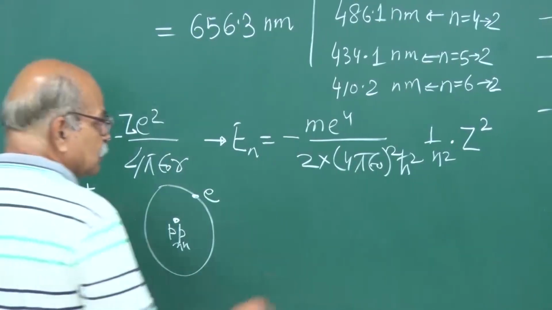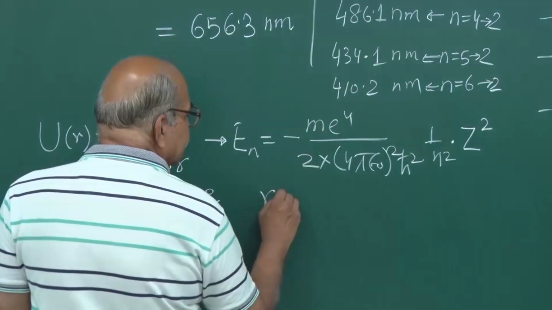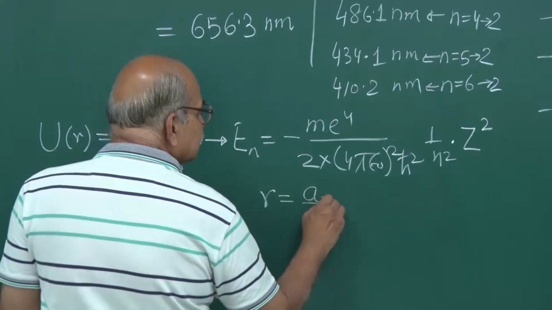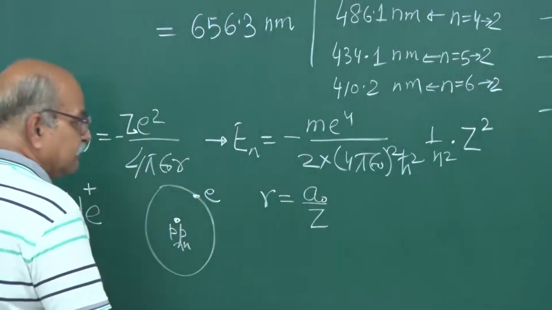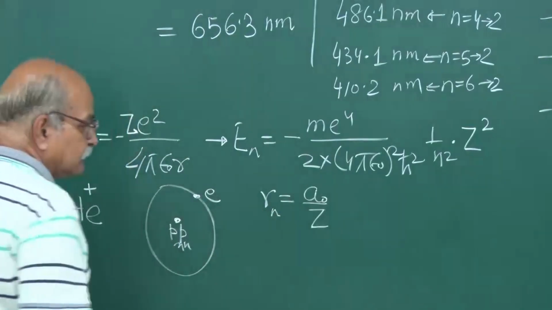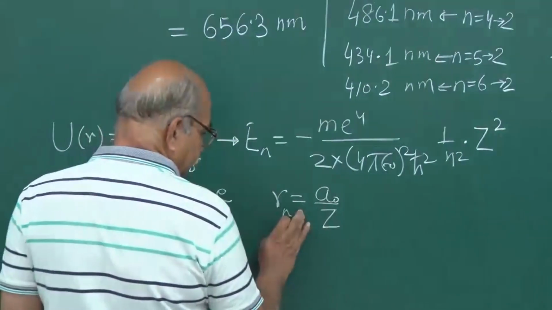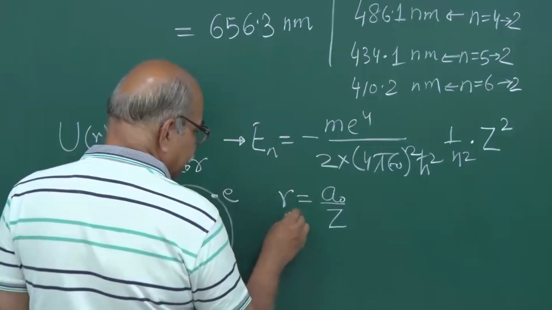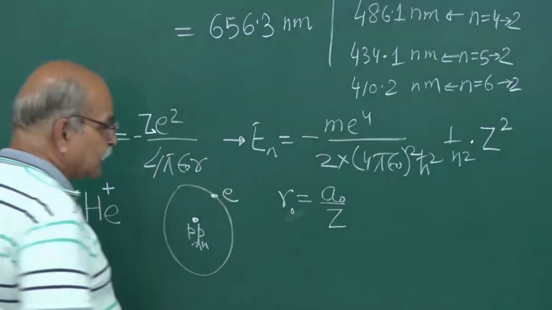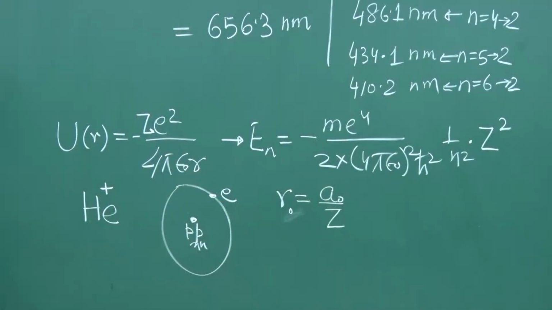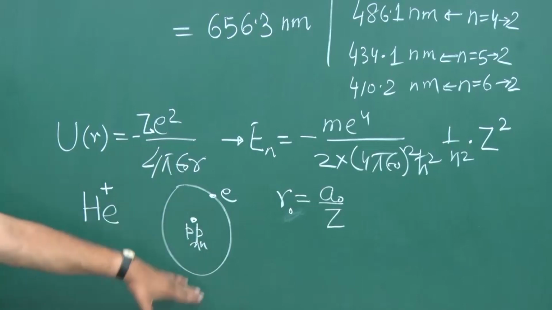The radius will be a naught divided by Z. Let me write the first one only, others also go the same way. So this is how it works quite well.